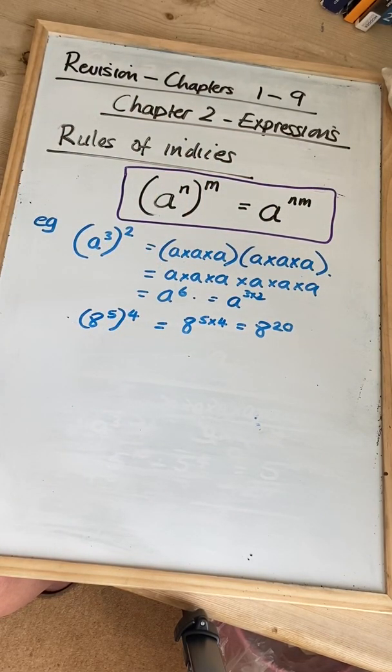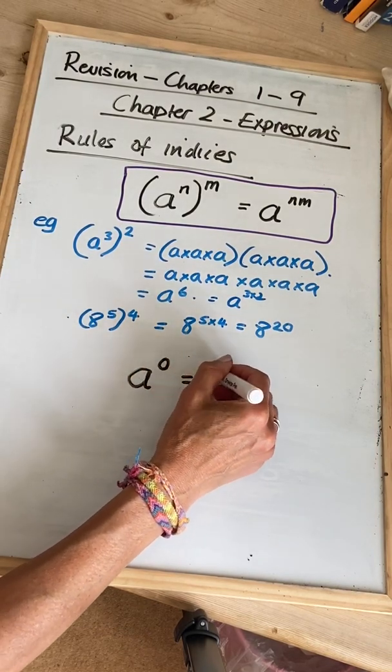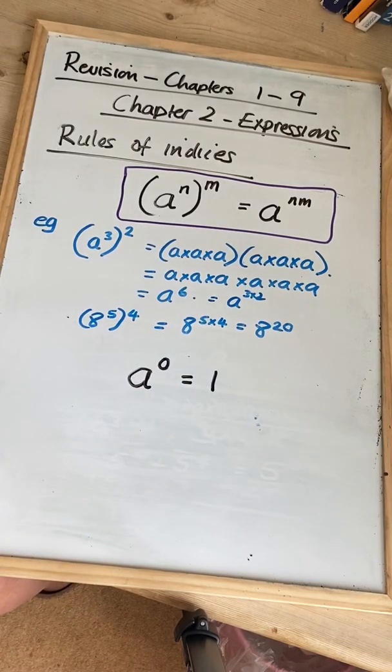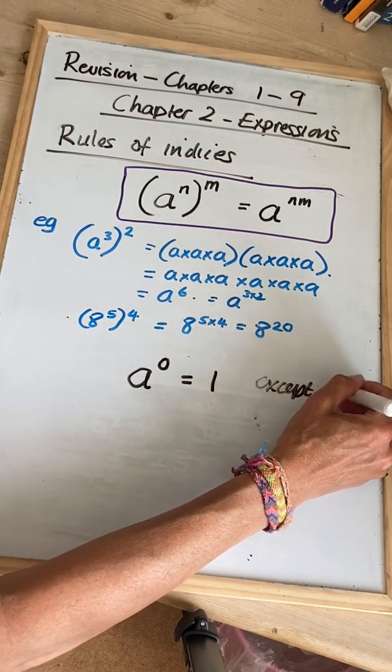The special rule to remember as well is that anything raised to the power of 0 is always 1, with one exception, and that is 0. Except where a is 0.